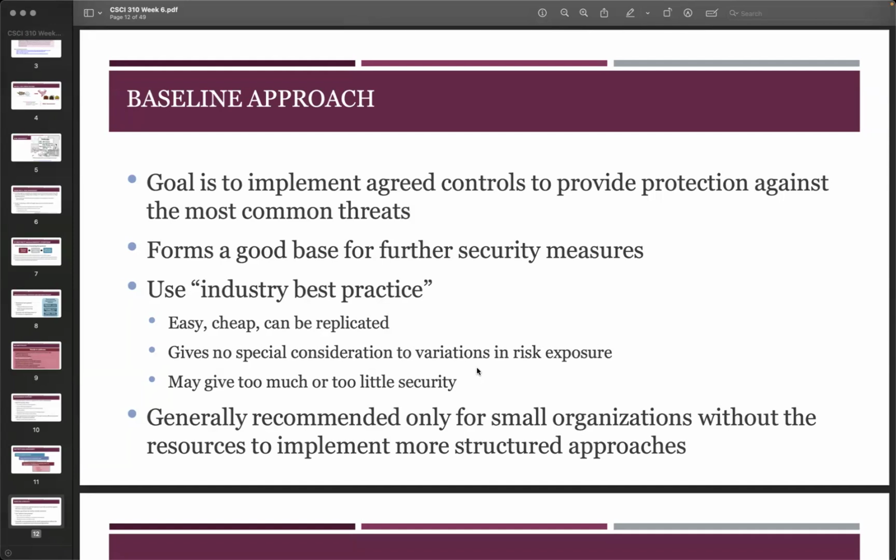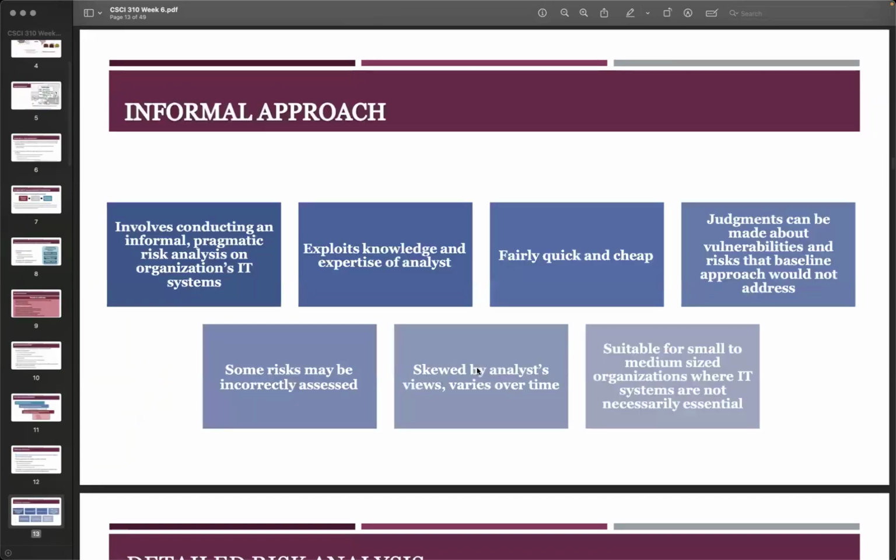So generally, we say the baseline is recommended only for small organizations without the resources to implement a more structured approach. Then there is the informal approach. Here we conduct an informal and pragmatic analysis of the organization's IT system. So we always need to review.